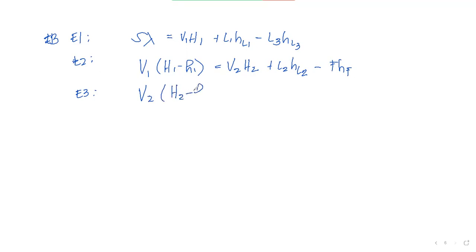So it will be H2 minus small h2 equal to V3H3 plus L3HL3. The feed in the third effect is your liquor from the second effect. So you'll have L2HL2. So this one came from the left side. So these are all your energy balances.